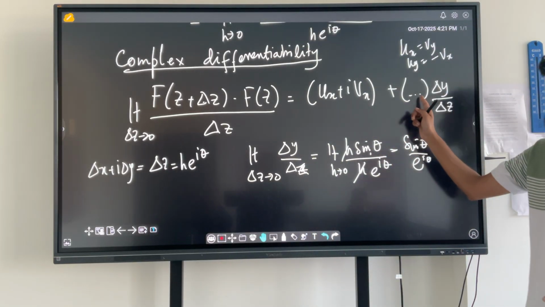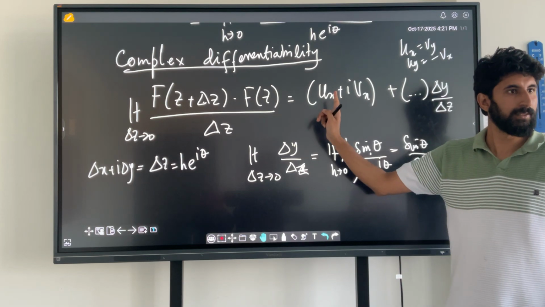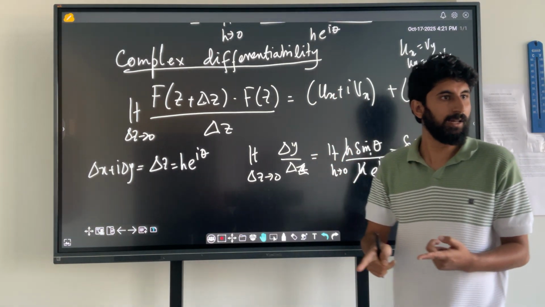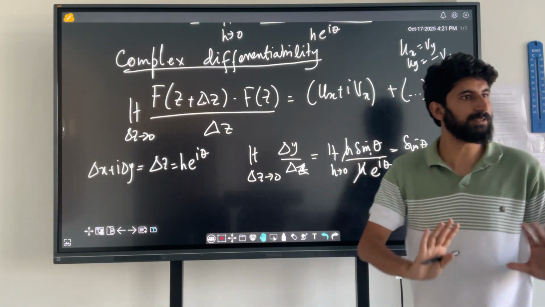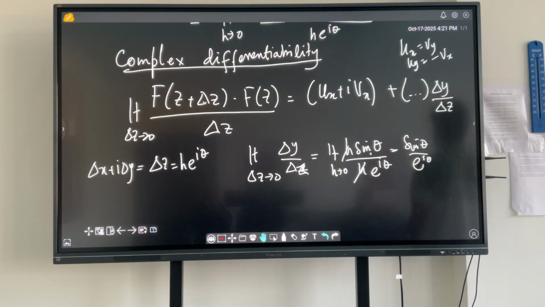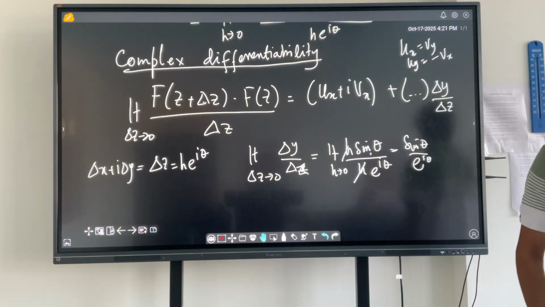Because if this thing vanishes, I still have to deal with this, right? If Cauchy-Riemann conditions hold, and these partial derivatives are nice and continuous, nice and continuous in what sense? They should not just be continuous at this point.